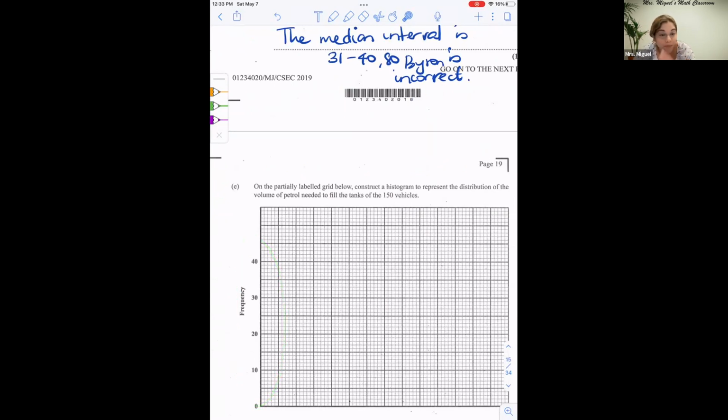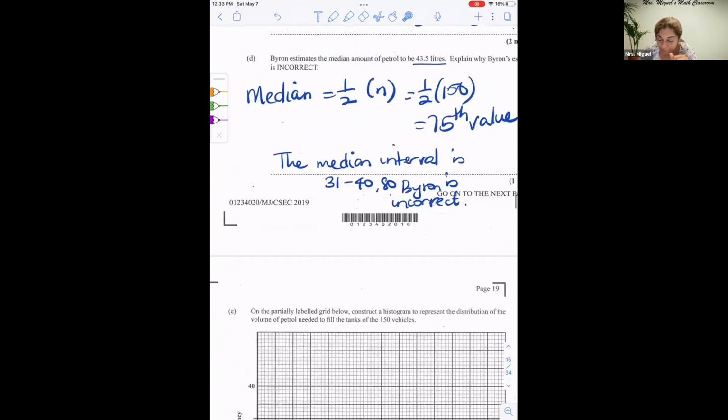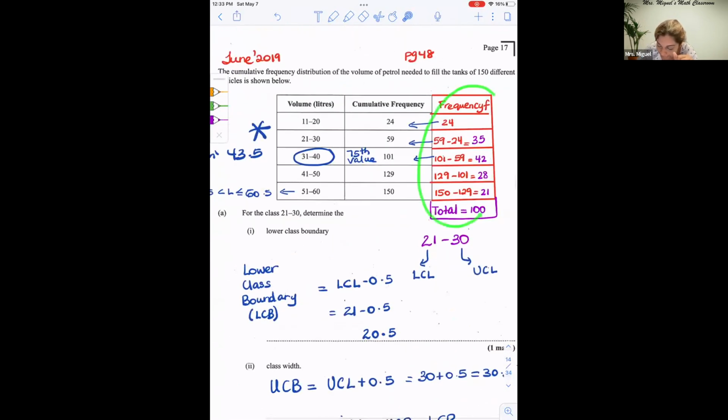So that is supposed to give you an indication that you have to find the frequency values from the cumulative frequency. And to plot a histogram, we need two sets of data. We need the boundaries, and we need the frequency.